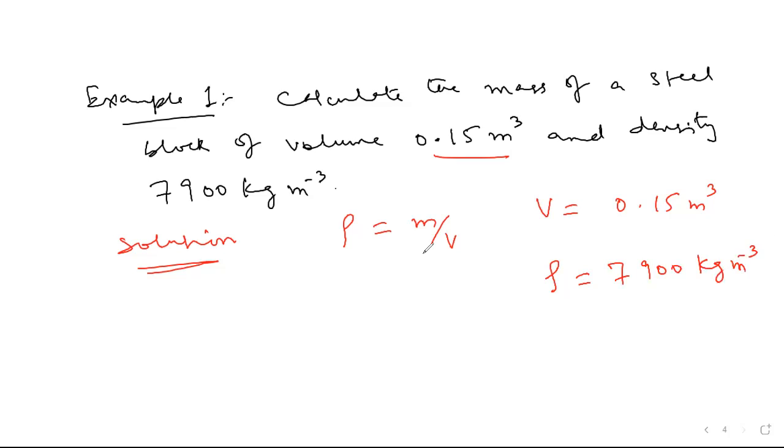When we rearrange the equation rho equals to m by v, we get m is rho times v. Put the numbers: 7,900 kg per cubic meter multiplied by the volume 0.15 cubic meter.